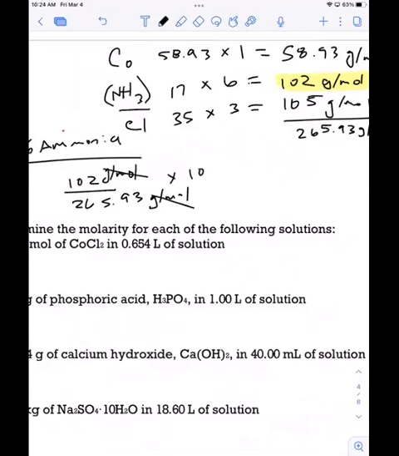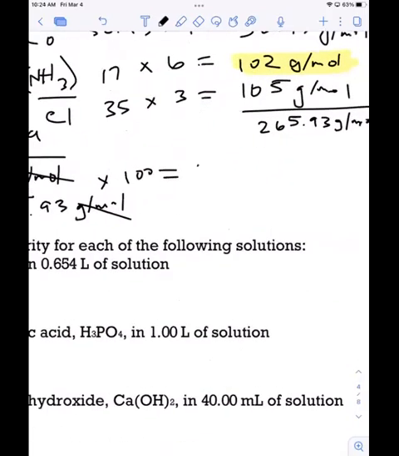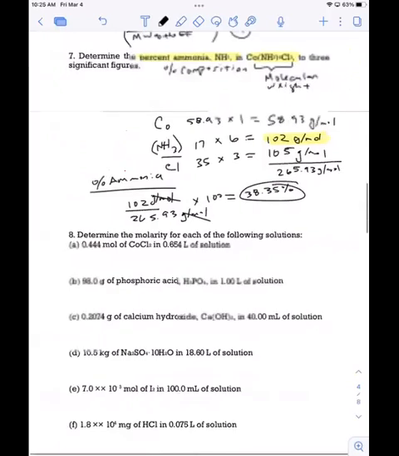And this will be times 100. Somebody got it? 38.35. Okay, so 38.35%.